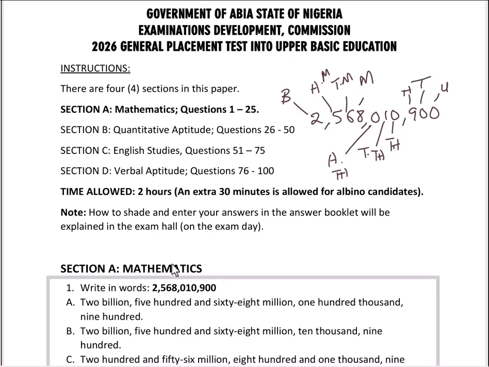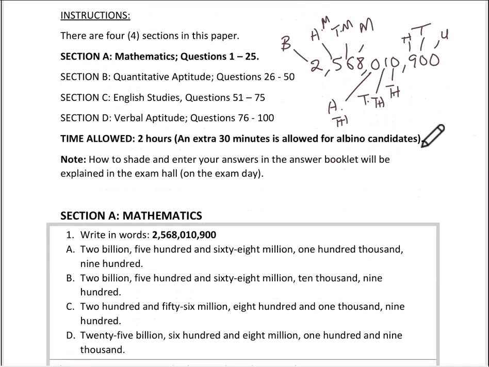So when we call it, we say 2 in billions, 568 in millions, 10. This is 10 because this 0 is just a placeholder, it is insignificant. So this is 10,900. Let's look for that option. Option A is 2,568,100,000.